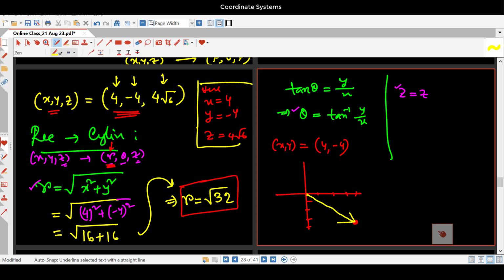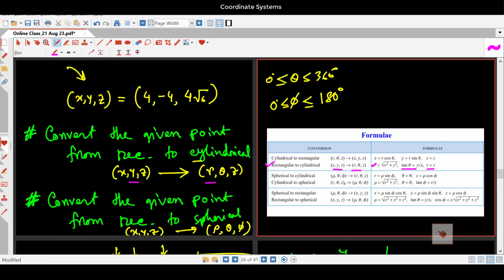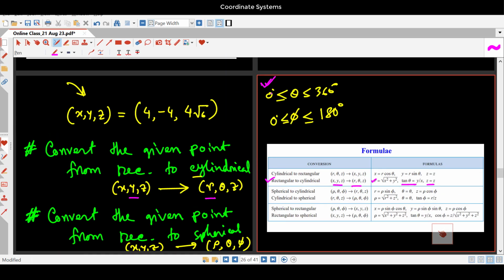So you know that theta has a restriction here. Theta lies in between 0 degree to 360 degree.